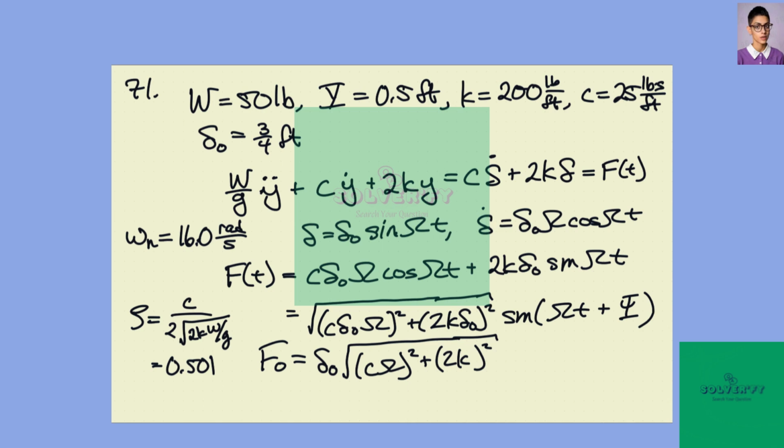This problem is probably a little harder than they anticipated, because it turns out if you draw free body diagrams and go through everything, the excitation over here is not just the equivalent stiffness times the base motion.